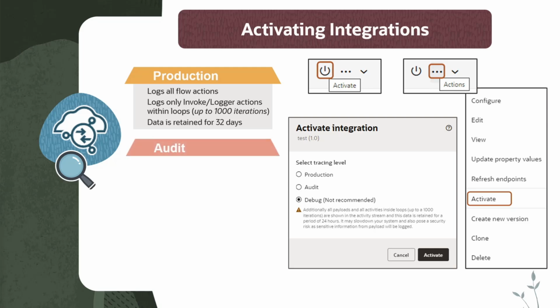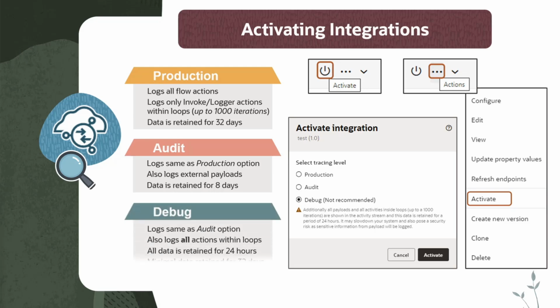The audit level logs the same data as the production option, but also logs the external full payload sent and received by your integration. However, this data will only be retained for 8 days. And the debug level, while certainly not recommended for production, is the one you'll choose to use while you are designing and testing your integrations.